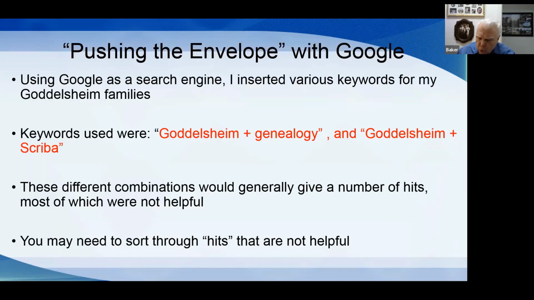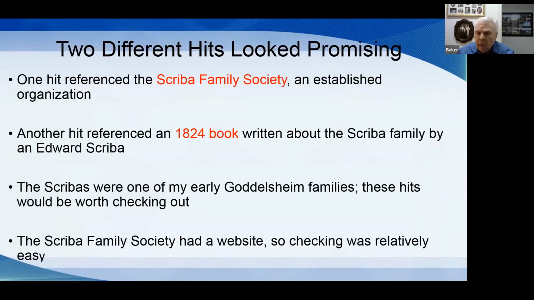Sometimes you've got to sort through things that are not good hits, but I found two really good hits here. One was a reference to the Scriba Family Society. This is an established organization, much like our own genealogy societies for our families, where we get together for a reunion, maybe we have a newsletter, something like that.